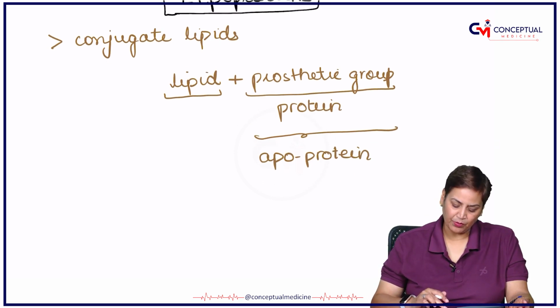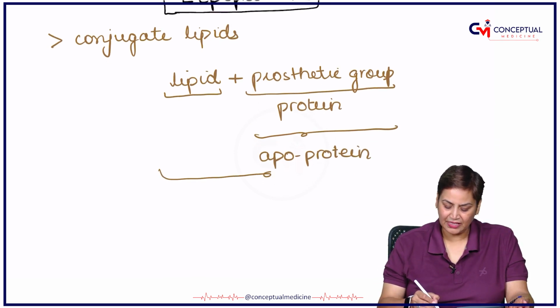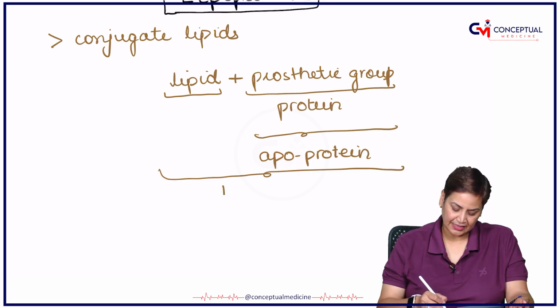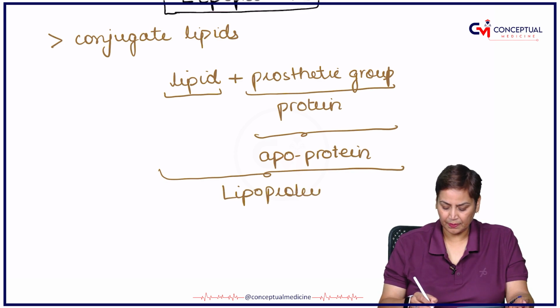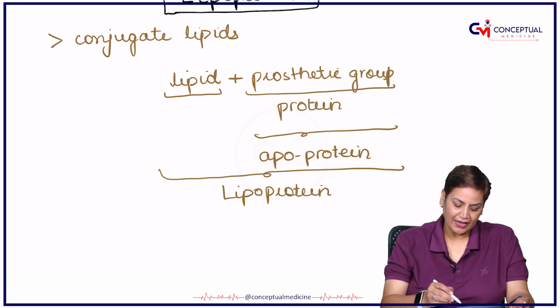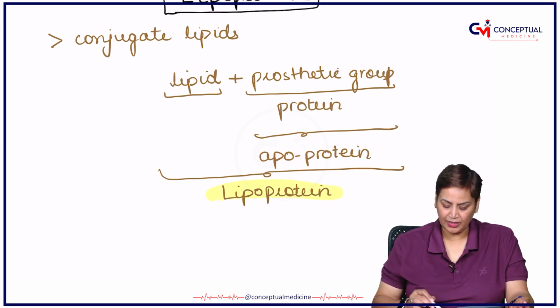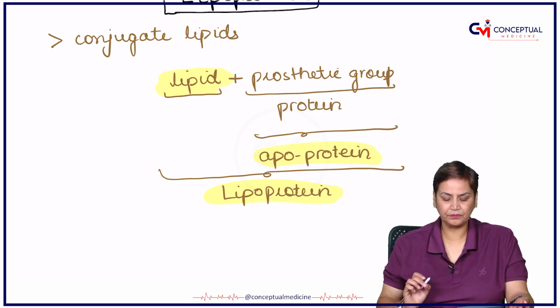And when this apoprotein combines with a lipid, it is known as a lipoprotein. So I can say that lipoproteins are formed when apoprotein combines with the lipid.